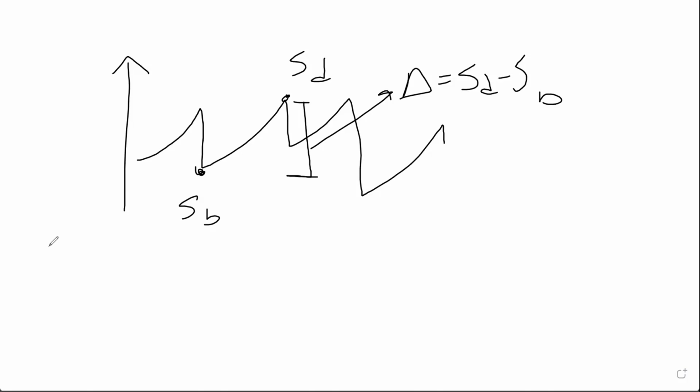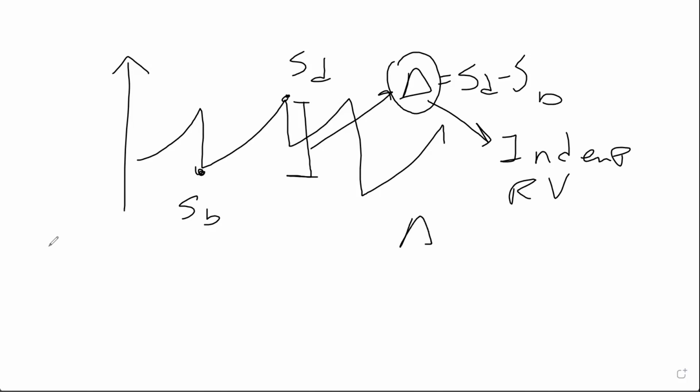Essentially, a simple model is saying that this delta is an independent random variable. And you can give it an exponential distribution or whatever.